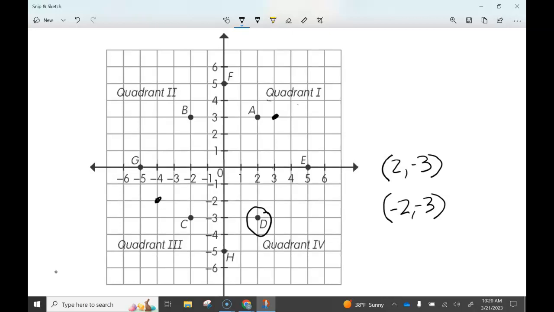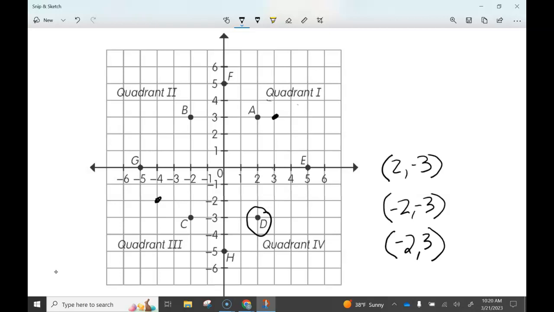So point C is (-2, -3). Now let's take a look at letter B. Once again, we have to figure out where it aligns on the x-axis. It aligns with -2. On the y-axis, +3. So (-2, 3) on my coordinate plane.